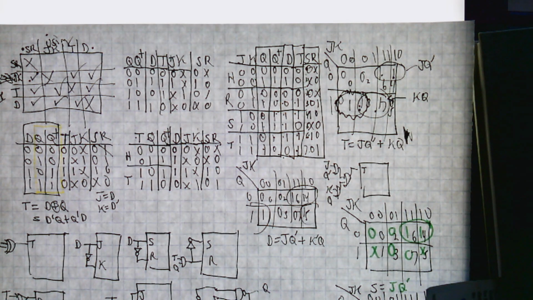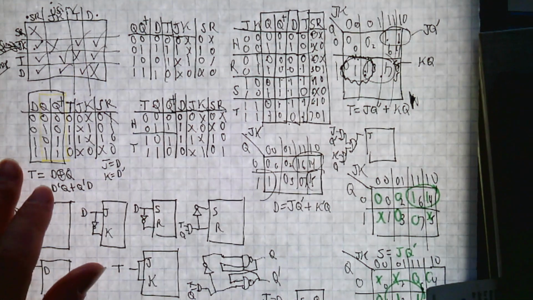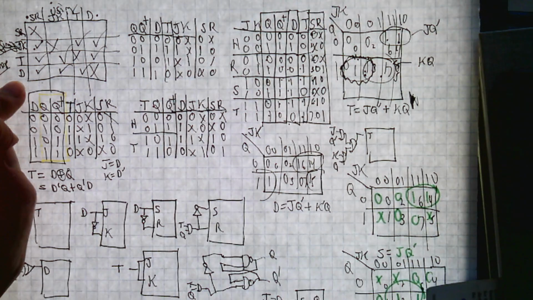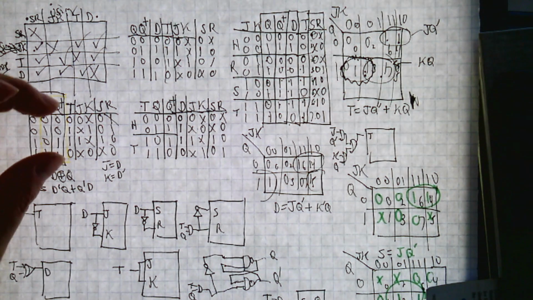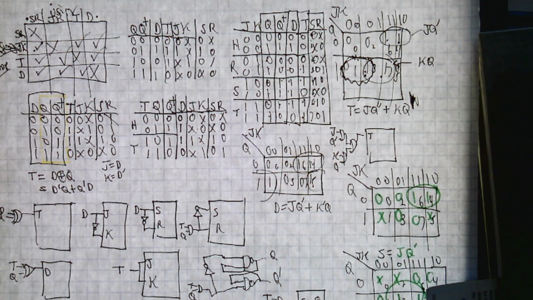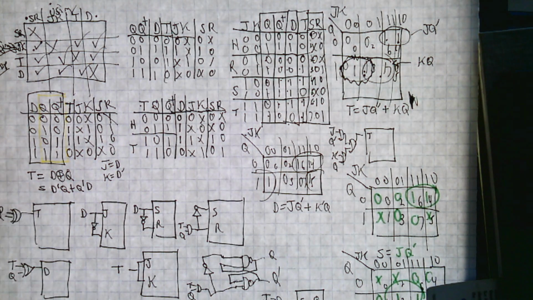You need a little help starting? So you can see what's happening here. When you wanted to implement a D flip-flop using anything else, you started by writing out D, Q, and Q+. So you needed the behavior of the flip-flop you wanted. If you want to implement D, you have to write out what D flip-flops do.